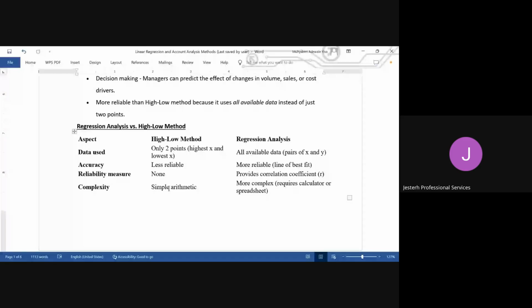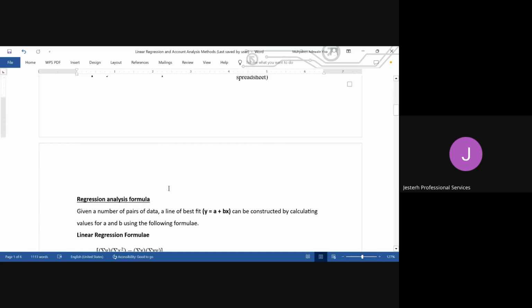Regression analysis is a little bit more complex because we have to utilize all the available data, and whenever we are using it, we have to pay more attention to the details in order to get accurate information that an organization can use in making a relevant decision.